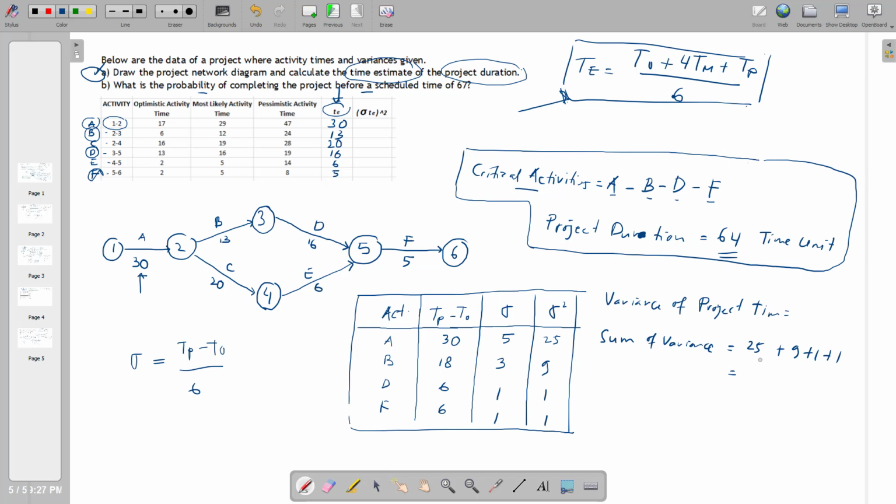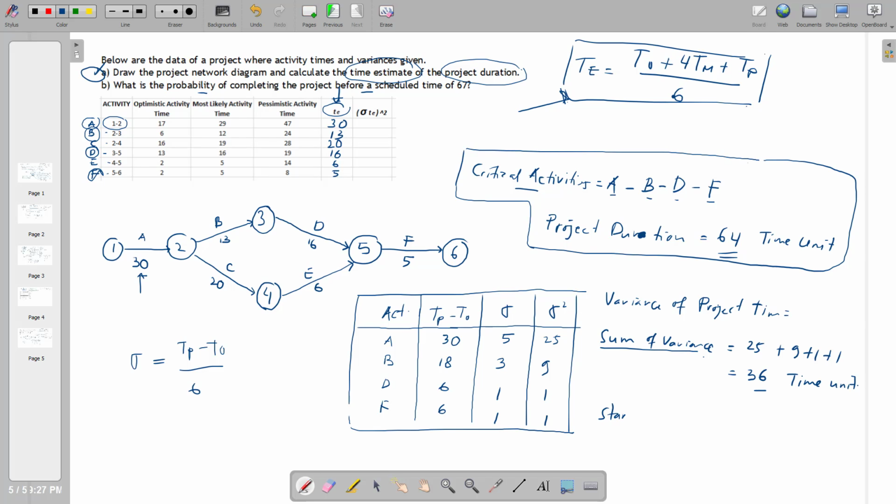This will be 25, 29, 34, 36. Am I correct? 36 time unit. Can you confirm? The sum of variance is 36. Yes, correct.